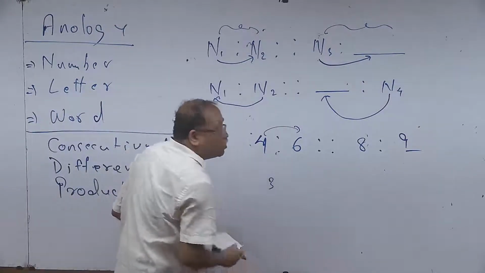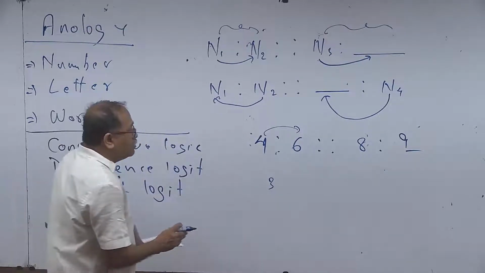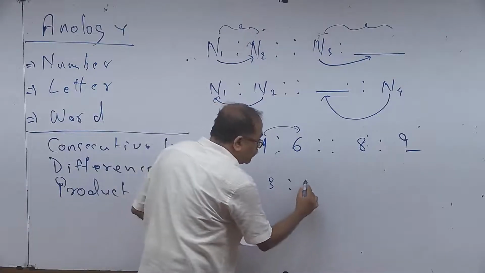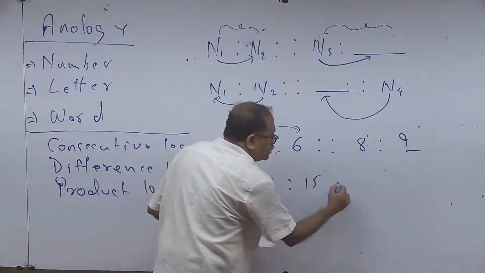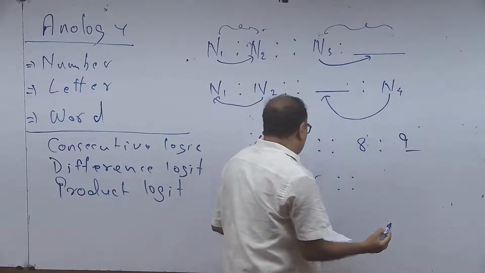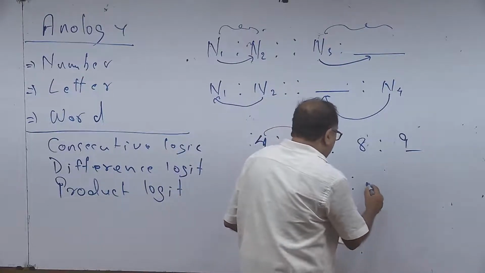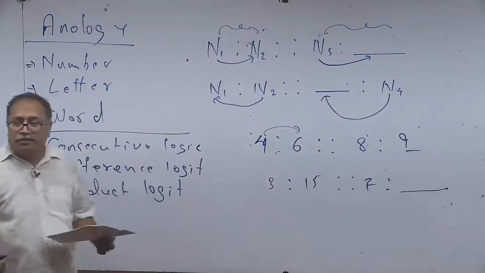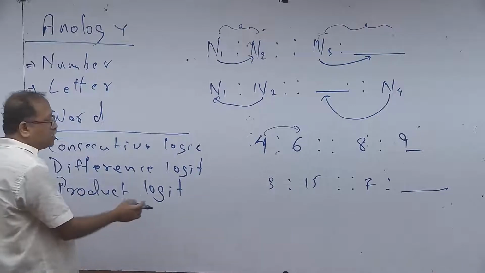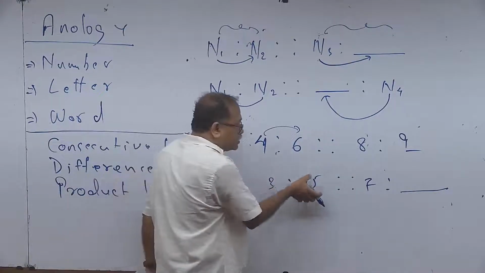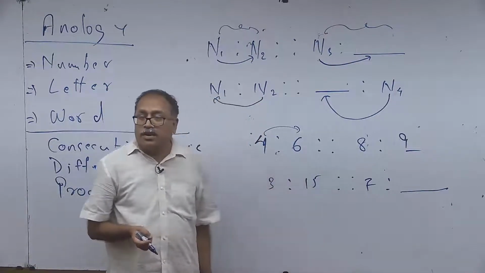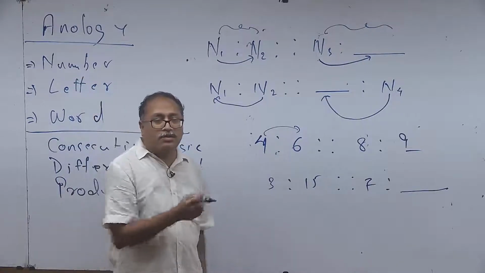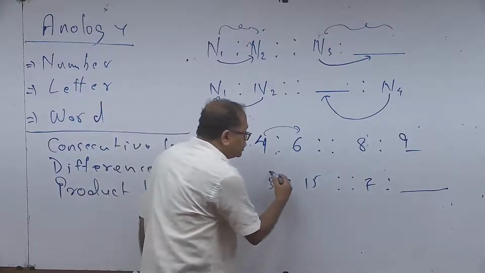If I place 3 over here and then the next one is 15, and if I place 7 over here, then the next one, what is it? Product logic. When I say that this number is multiplied by something in order to get the next number, it is clearly visible that it is into 5.